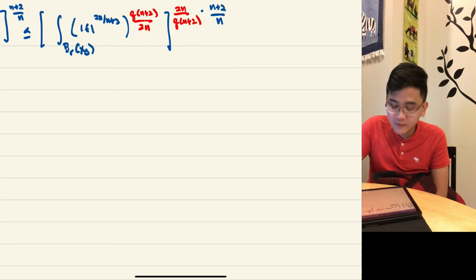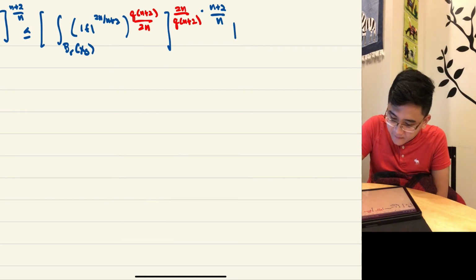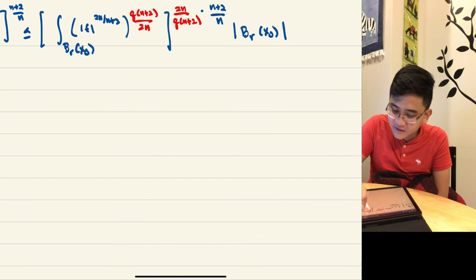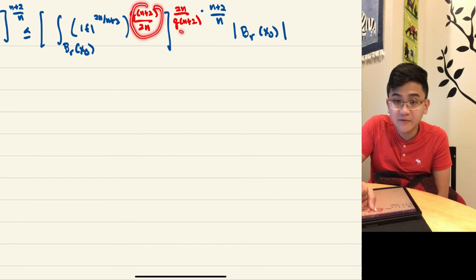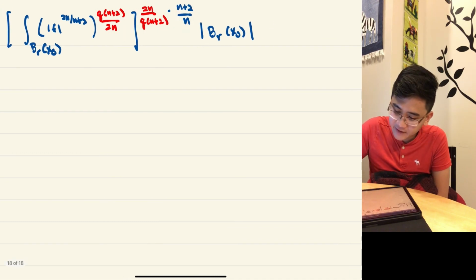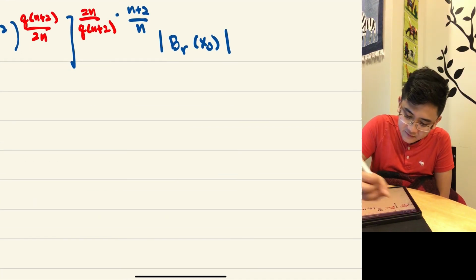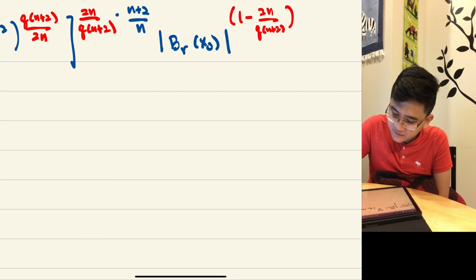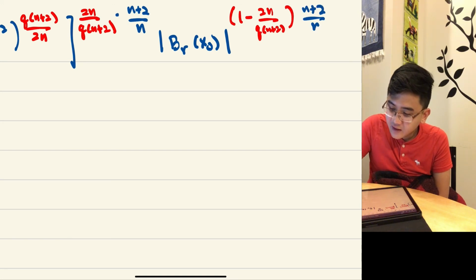What you're left with, this is the measure of the ball raised to the reciprocal of the conjugate of this. So it's 1 minus this, times this. Okay, so let's write that down. I have 1 minus 2n over q(m plus 2), times (m plus 2) over n.